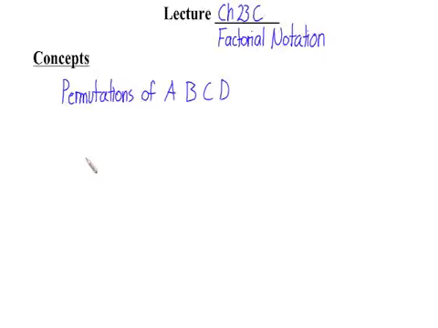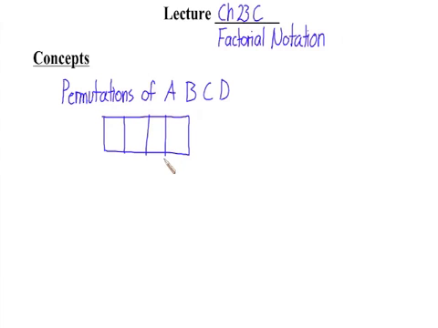This video will cover the material in Chapter 23, Section C on factorial notation. Let's quickly revisit the concepts that we learned in the previous section when we looked at permutations. Remember that if we want to find all the different permutations of four symbols or four letters like A, B, C, and D, I can draw four boxes, and in each box I can write how many different choices I have for that space.